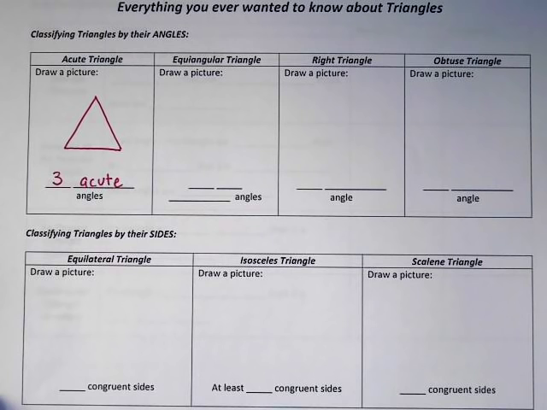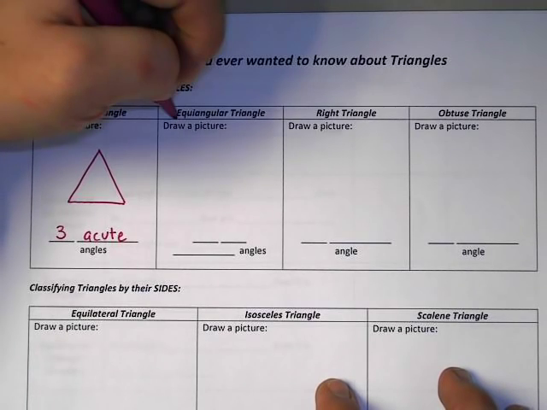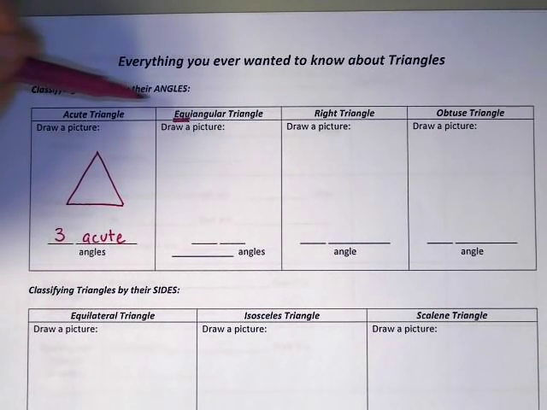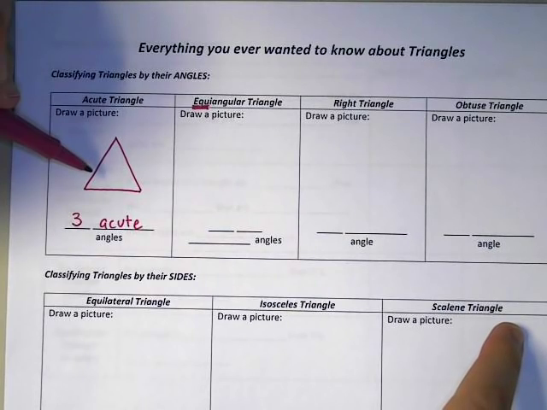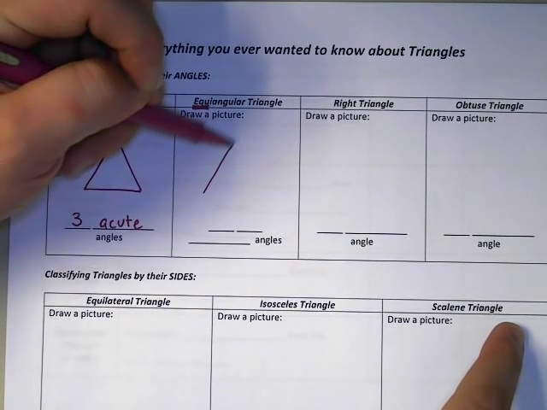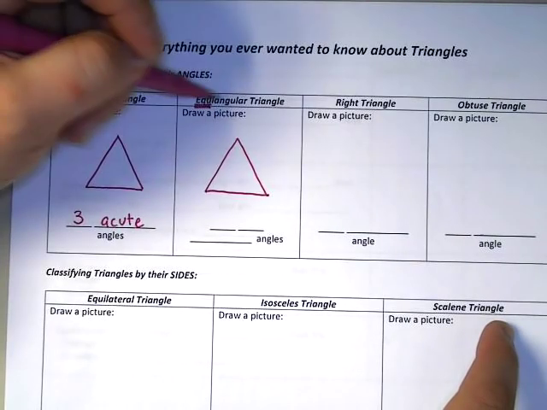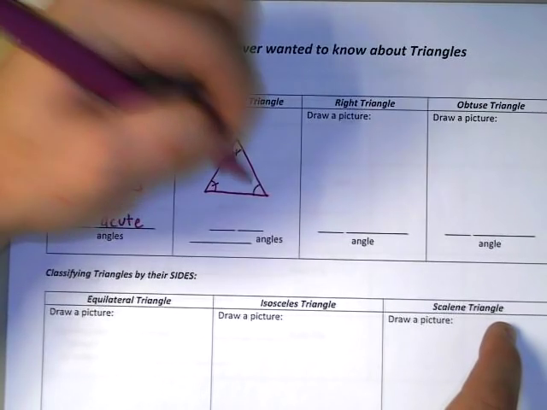Well, if I have an equiangular, this might be a little bit of a new word. Equiangular means equal angles. So now my picture is going to look pretty similar to this first one, except if it has to have equal angles, then all 3 angles must be congruent. So maybe I put some arc marks in there.